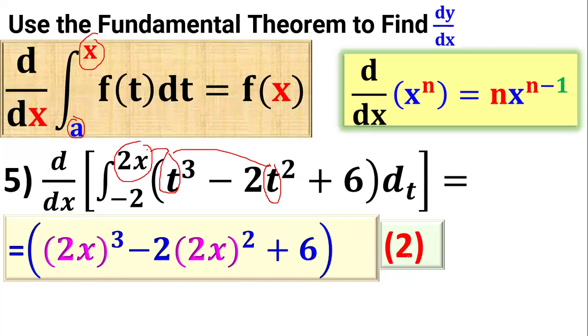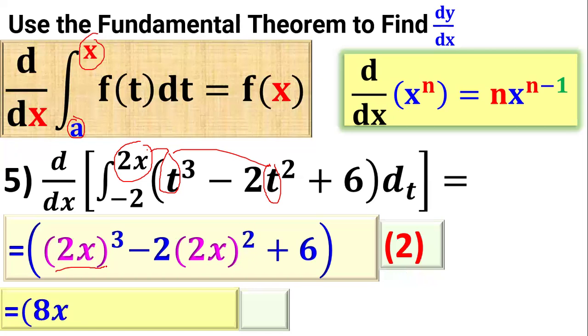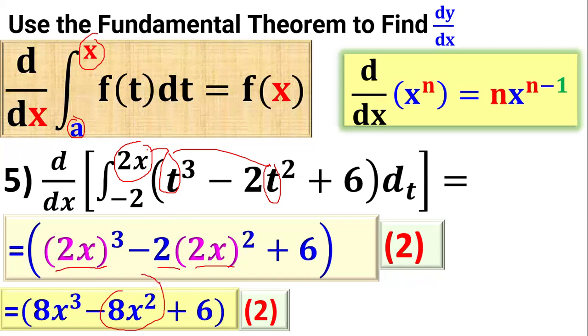Therefore, the derivative of 2x will be 2. Now, 2x to the power of 3 will be 8x to the power of 3. And 2x to the power of 2 will be 4x squared, multiplied by 2, it will be 8x squared plus 6. Then multiply by 2.